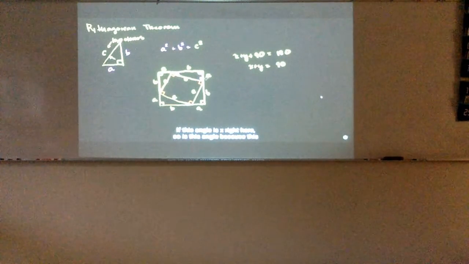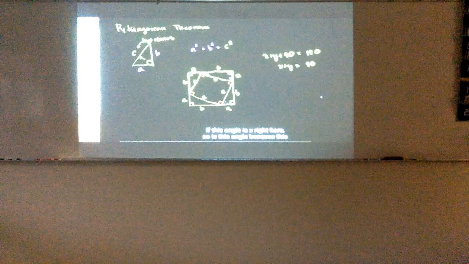And this x and y, they're all over. If this angle is x right here, so is this angle. This is the exact same triangle, so is this angle. If this angle is y, so is that angle, so is that angle.